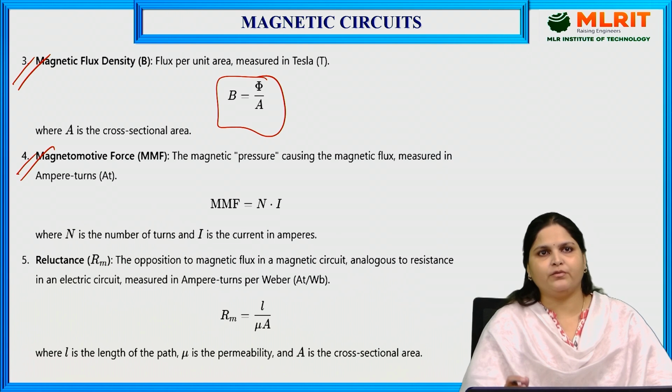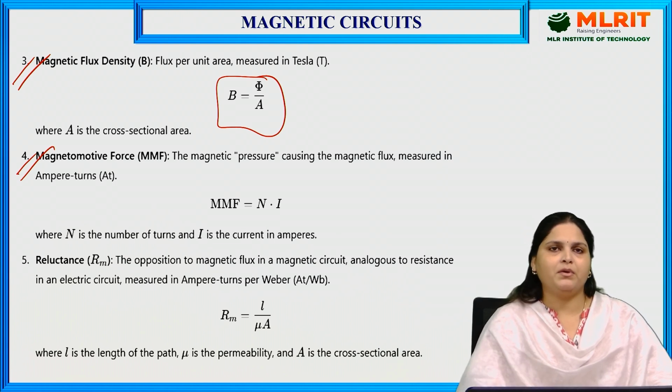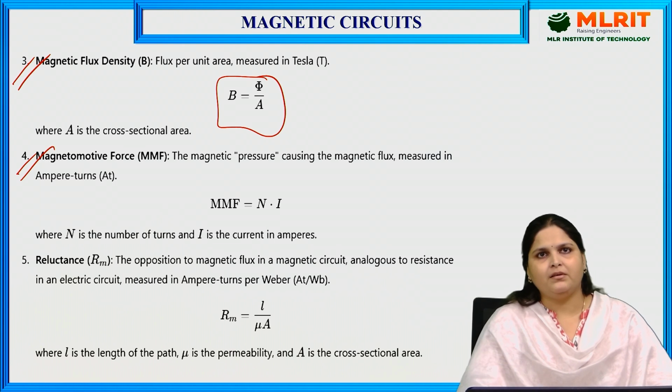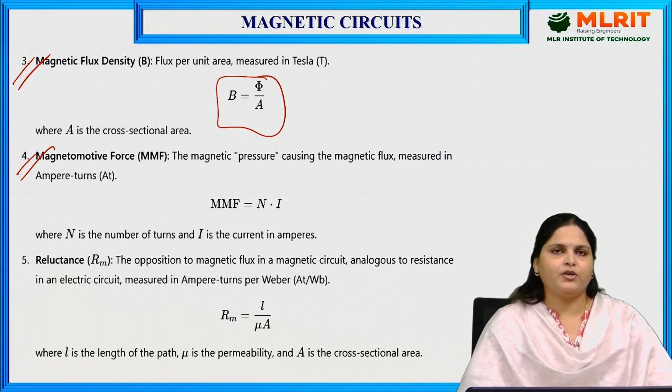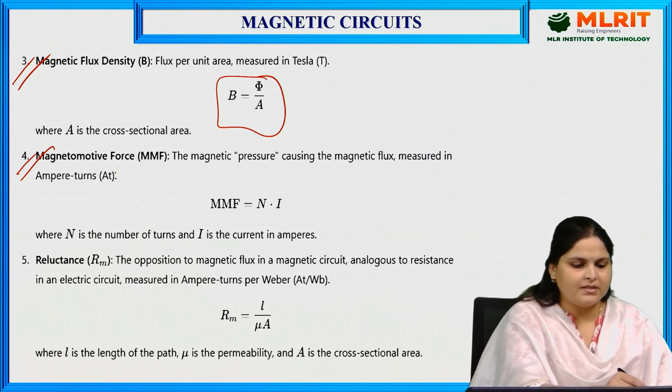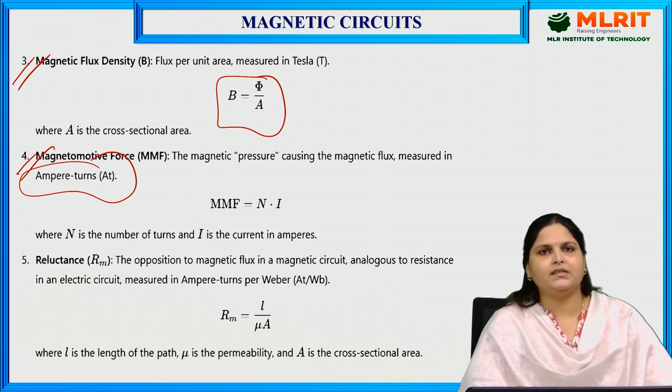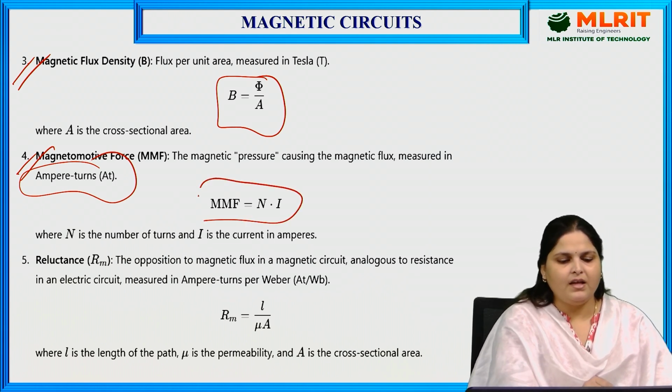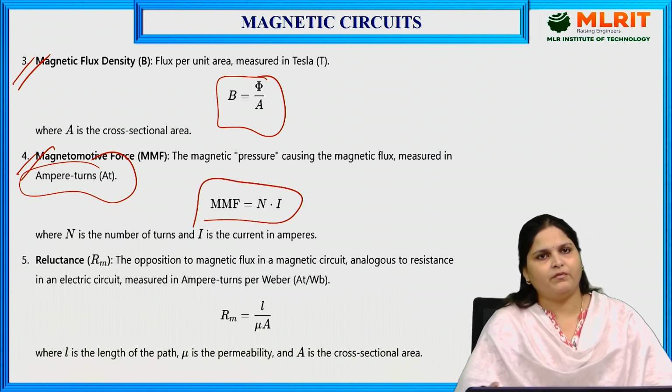Just like EMF in an electric circuit, we have MMF in magnetic circuits. It is the magnetic pressure causing the magnetic flux, and it is measured in ampere turns or NI, where N is the number of turns and I is the current in amperes.